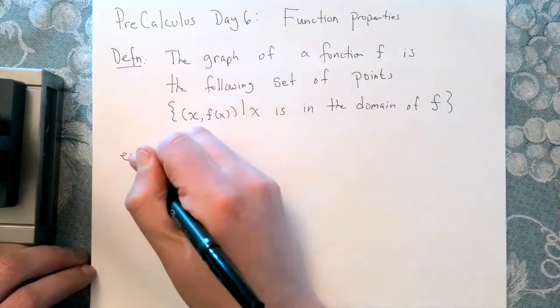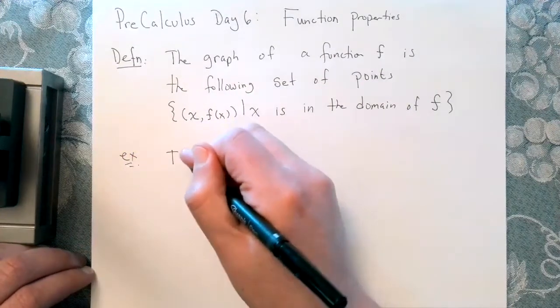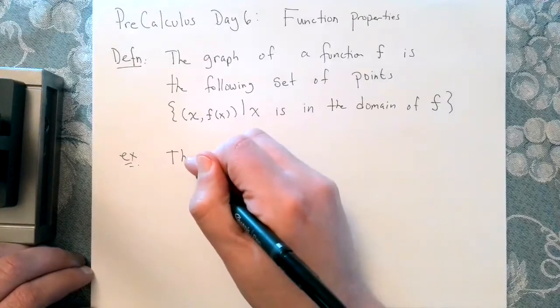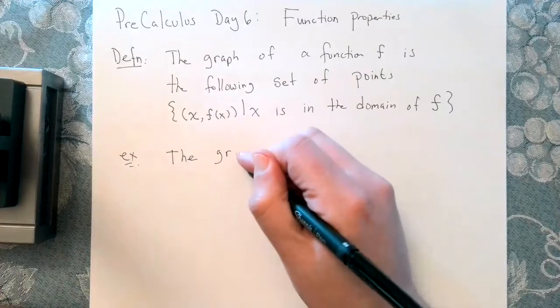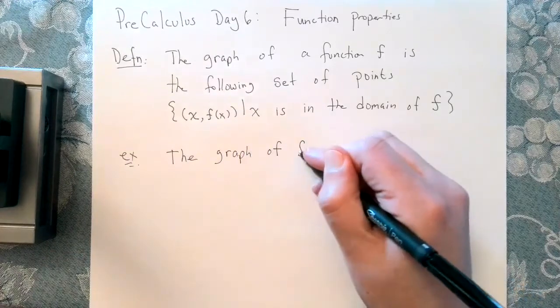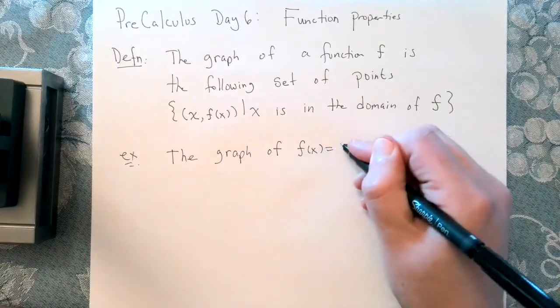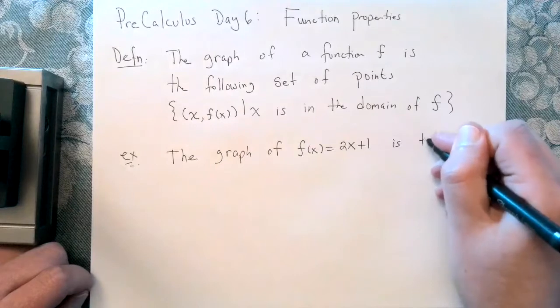So for example, the graph of the function f(x) = 2x + 1 is a set of points.